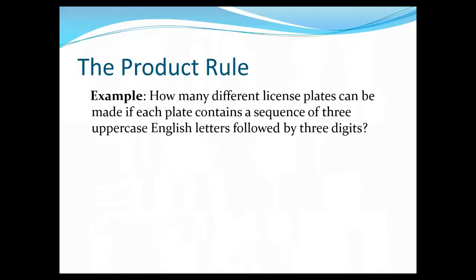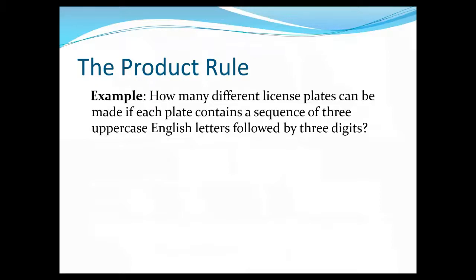Another example. How many different license plates can be made if each plate contains a sequence of 3 uppercase English letters followed by 3 digits? So we have 6 positions. The first 3 positions will be allocated for the 3 uppercase English letters, and the next 3 for the 3 digits. For the English letters, how many letters do we have in the English alphabet?